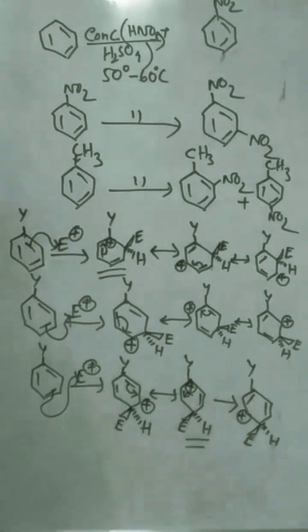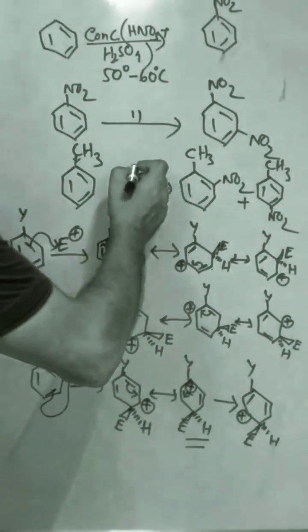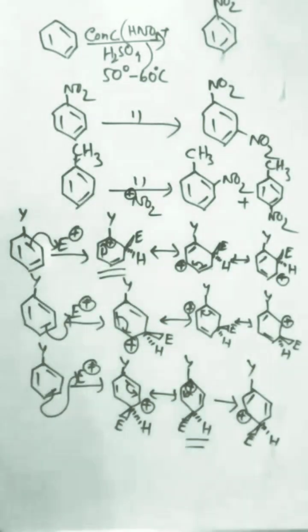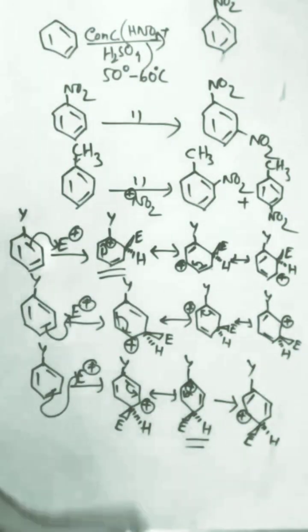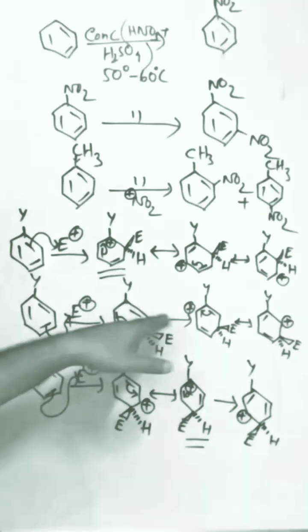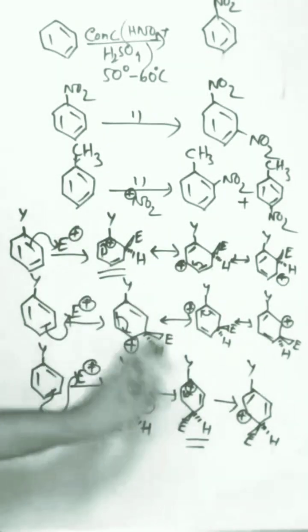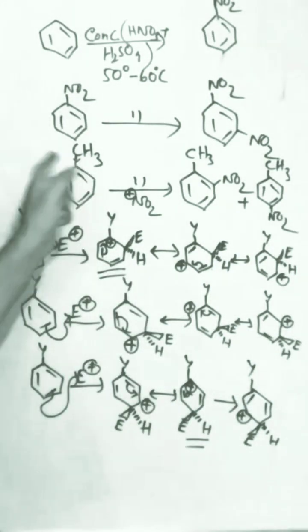So in presence of CH3, the incoming electrophile, here NO2 plus, which is formed by the reaction of concentrated nitric acid and sulfuric acid at a temperature of 50 to 60 degrees centigrade, comes in ortho and para position, because in meta position no such extra stability is achieved. But in ortho and para positions, two resonating structures are formed where it gets some stability by the plus I inductive effect of the substituent CH3.